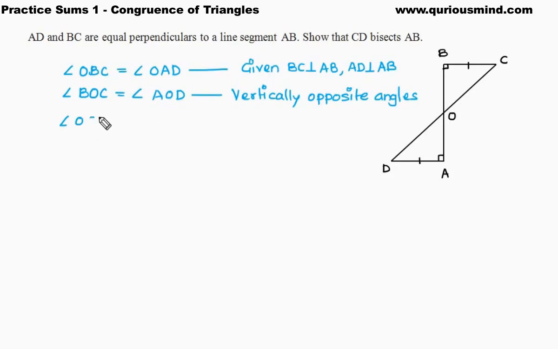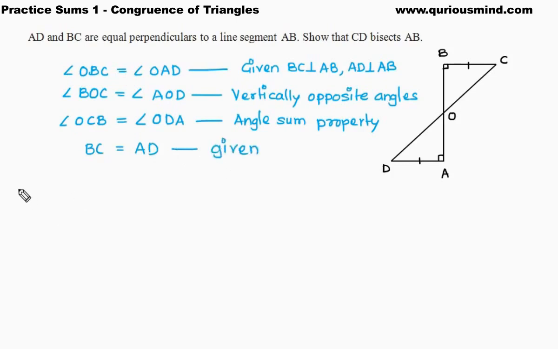Therefore, using angle sum property, we know that third angle also is equal. Now we know this angle is equal, we know this angle is equal, and we know BC is equal to AD. And therefore, triangle OBC and triangle OAD are congruent using angle side angle.